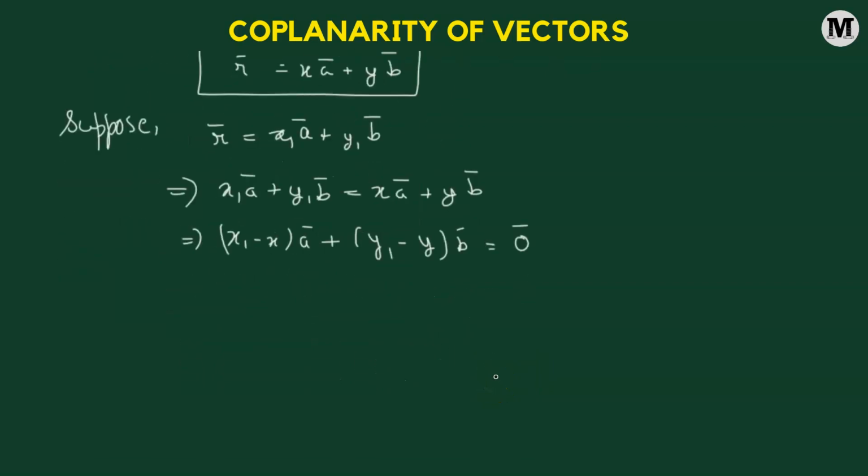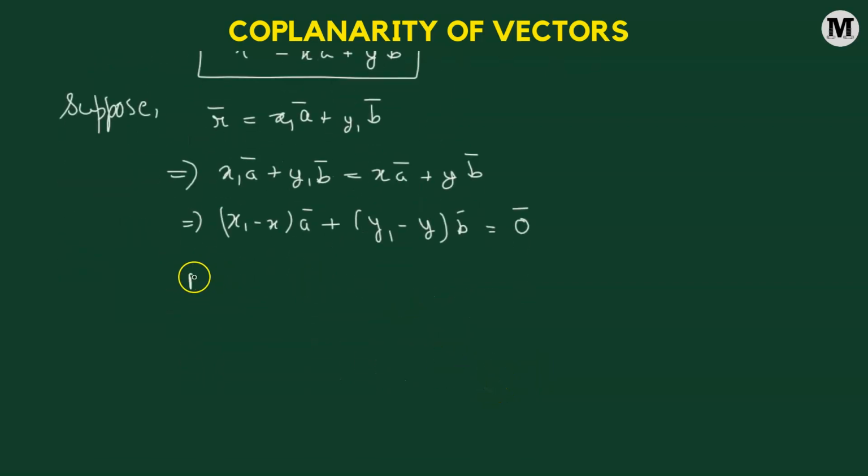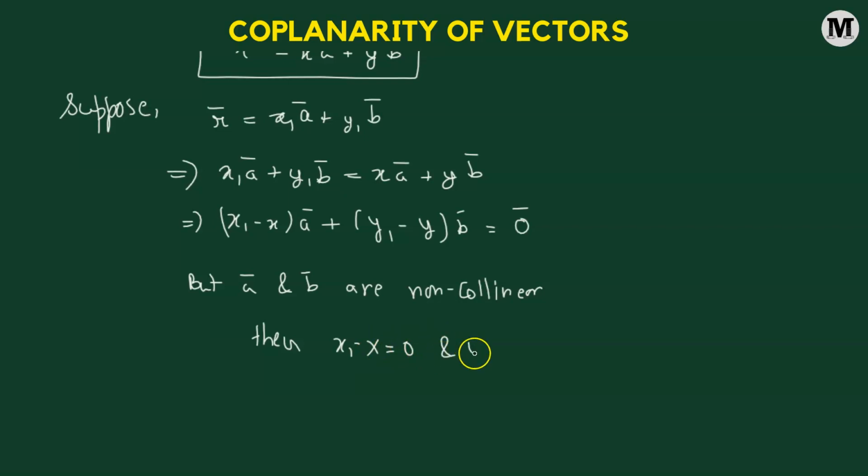However, we have already assumed that A vector and B vector are non-collinear vectors. So if they are non-collinear, this sum is going to be 0 only when x1 minus x equals 0 and y1 minus y equals 0, which means that x1 equals x and y1 equals y. So x1 and y1 are not different things, they are actually the same as x and y.